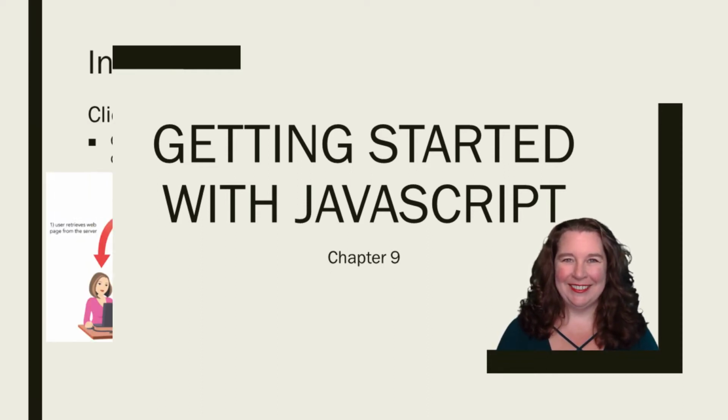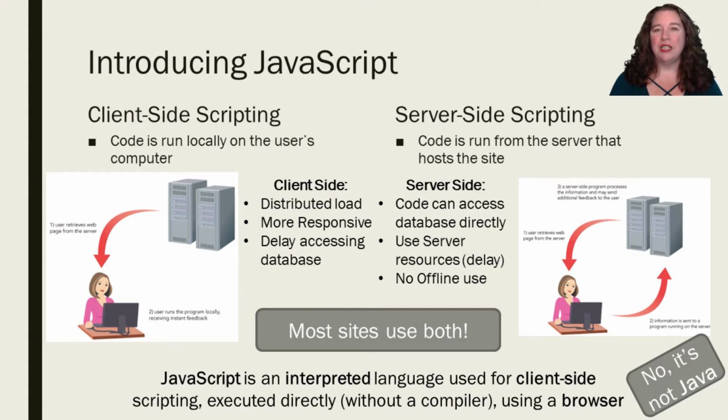Let's get started. First, we're going to go ahead and describe the difference between client-side and server-side scripting. There are two different types of scripting that we use in most of our driven websites or our scripted websites. Client-side scripting is run locally on your user's computer.